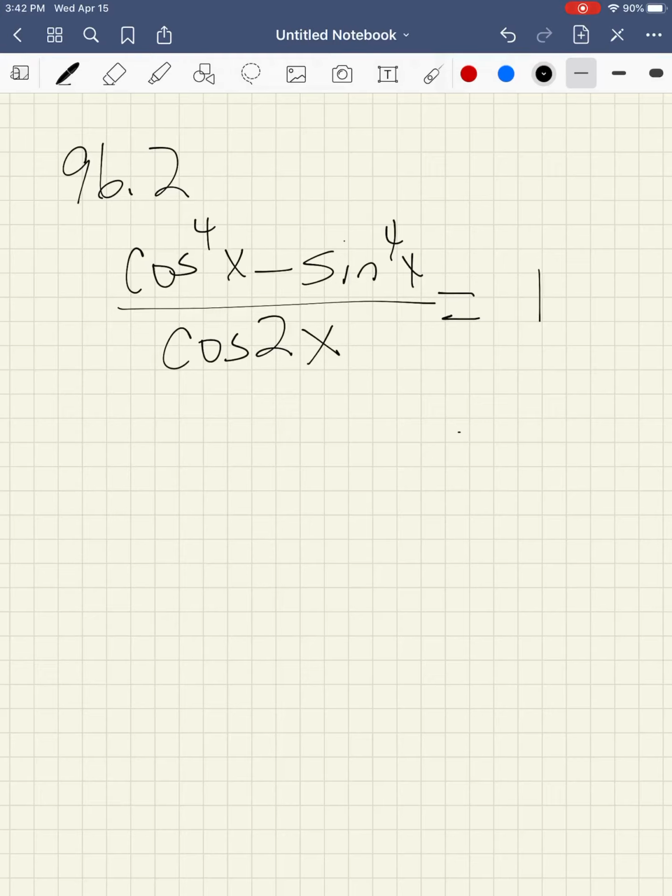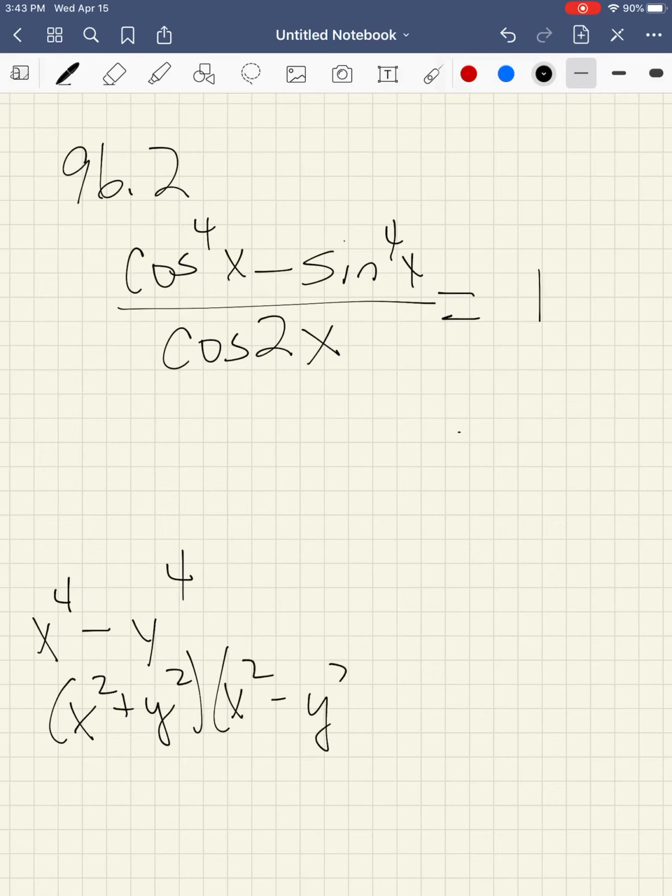All right, so if I had x to the fourth minus y to the fourth, how would that factor? It would factor into x squared plus y squared times x squared minus y squared.